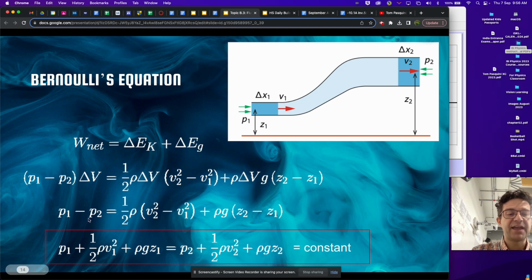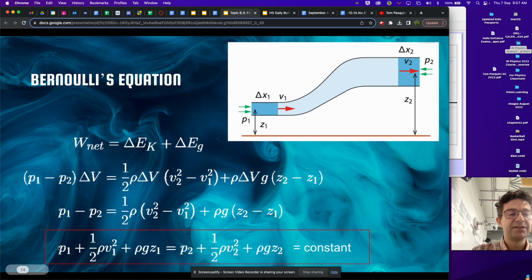Now we just have a difference in pressure is equal to a difference in kinetic energy plus a difference in potential energy. And generally, this gets rearranged to show all of the things on the left-hand side, P1, V1 squared, Z1.